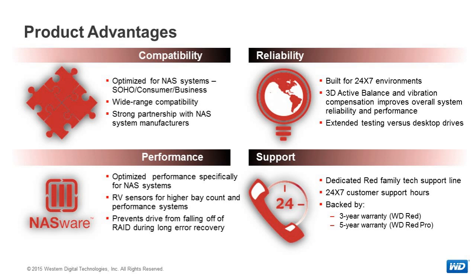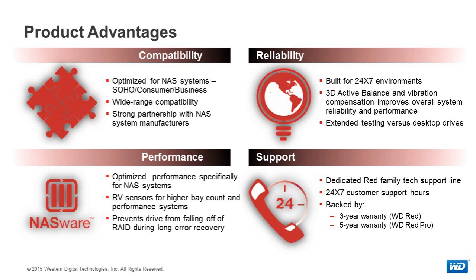And we do other things as well, like we have a 3D active balance where we make sure that the disks and the motor and the base are all balanced and optimized. So that way we're able to get very high performance. Similar to a tire on your car, if it's not balanced properly, you'll get some, we call it run out.